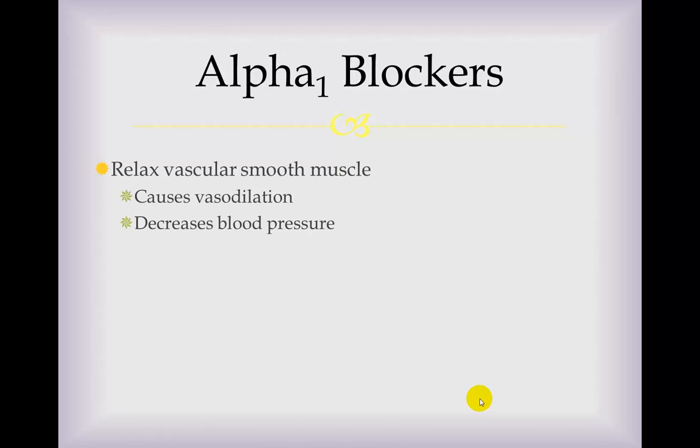So what do we get if we cause vasodilation? Well, we get a decrease in blood pressure. Now, take that a step further, and what kind of problems is that going to cause? It could mean that it drops too low, and this causes the patient a problem, right?